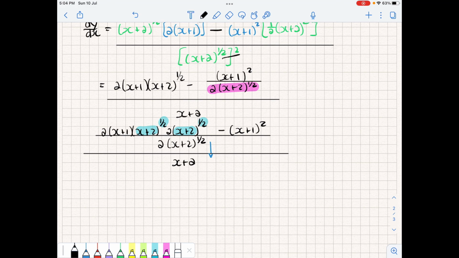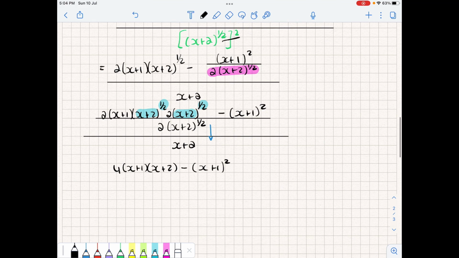So I'm going to have here 4(x + 1)(x + 2) minus (x + 1) squared, all over 2 the square root of (x + 2) times (x + 2).